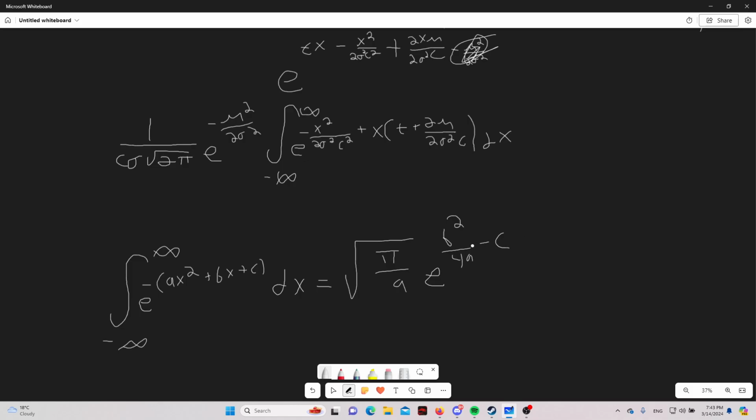I don't exactly remember the c term, but it doesn't matter because we don't have a constant term anyways. So this is what we're going to be using.